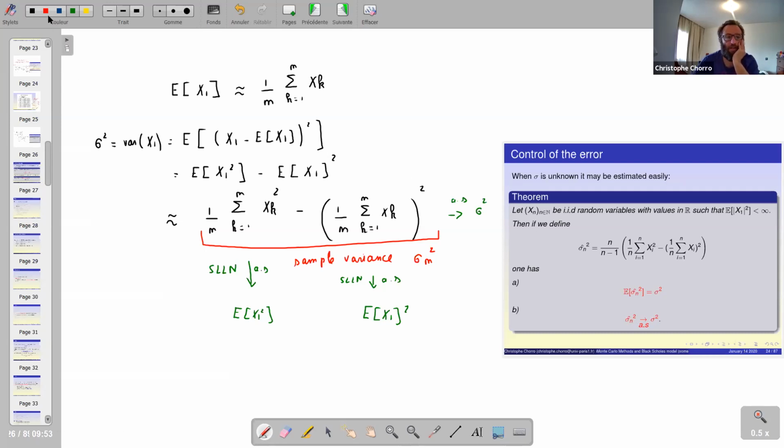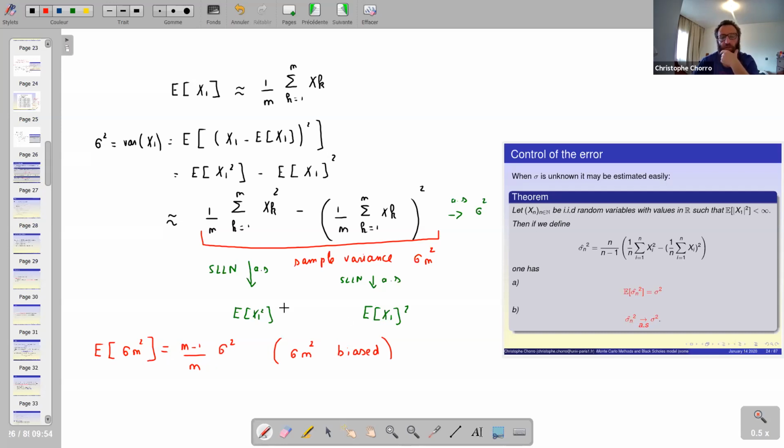But unfortunately, if I compute the expectation of sigma n square, I obtain n minus 1 over n sigma square, meaning that my estimator sigma n square is a biased one. It means that in expectation, it's not equal to what I want. It's not very far because when n is large, this quantity is near from 1, but it is not equal to sigma square. I have a little difference between them that I call the bias.